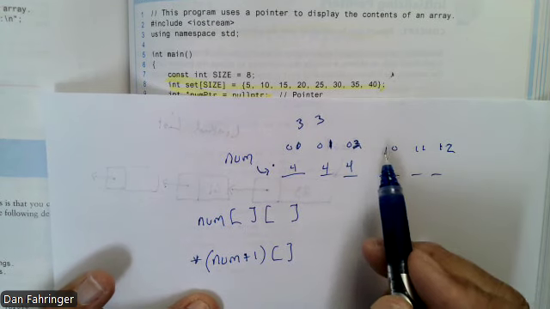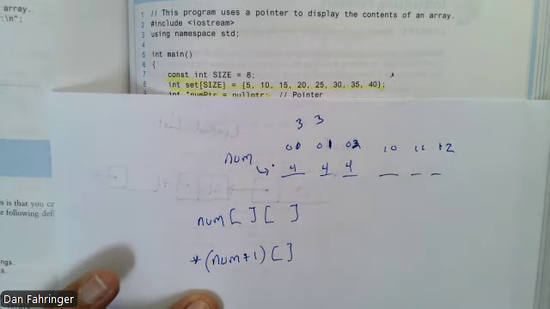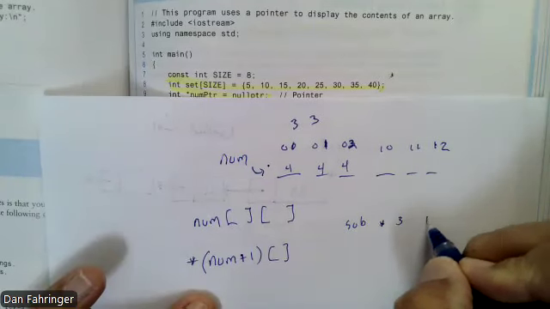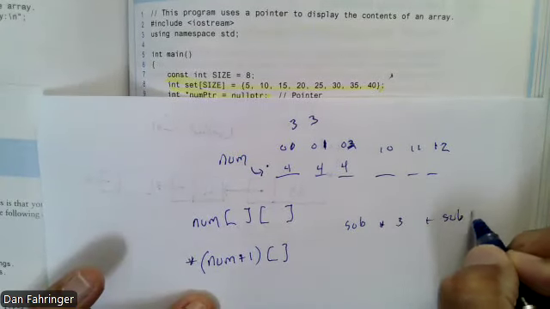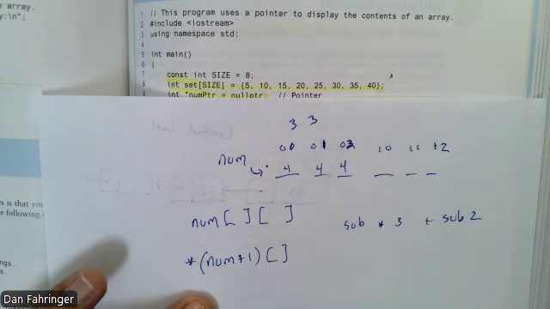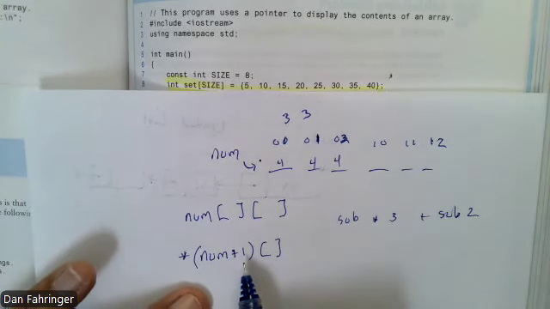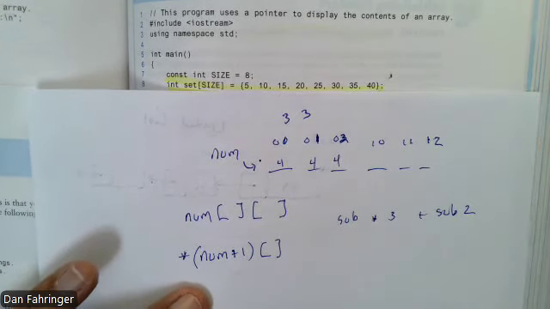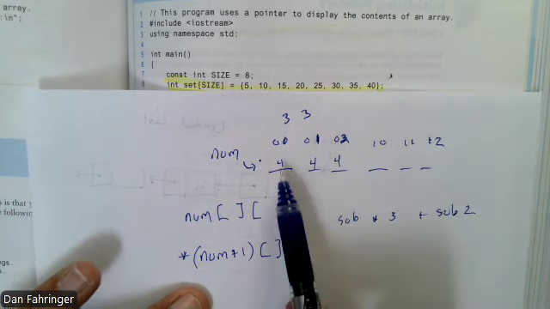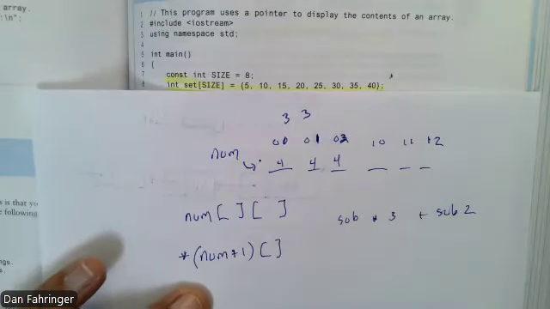So this number times three plus that number. Subscript one times three plus subscript two. Would that work? Yeah, that seems correct, because that's three for the three moving.